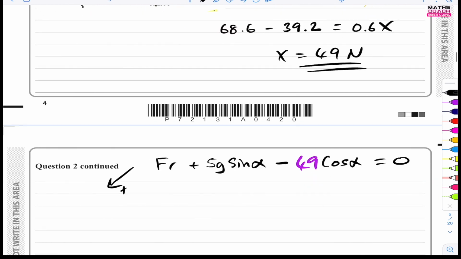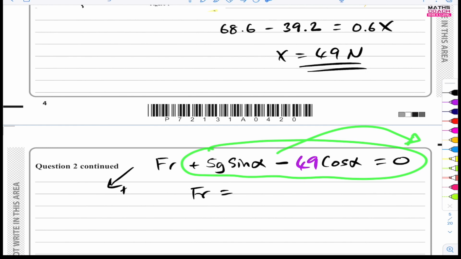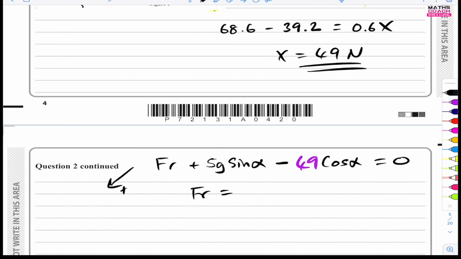Okay? Now, f of r can now be found by taking everything over to the other side after you've substituted those values in, or you can do it on the other side as well. Okay, in fact, let's do that on the other side. So we're going to start with positive because this will become a positive on the other side, whilst this will become a negative. So we'll do the positive version. So we'll have 49 cos alpha.